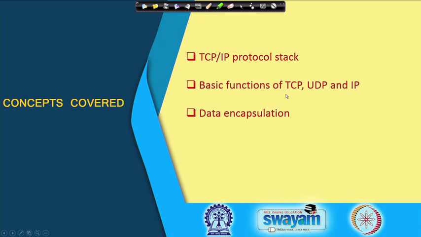We shall be looking at the basic functions of TCP, UDP and IP, the most important three components of this TCP IP stack, and with the help of an example we shall see the concept of something called data encapsulation.